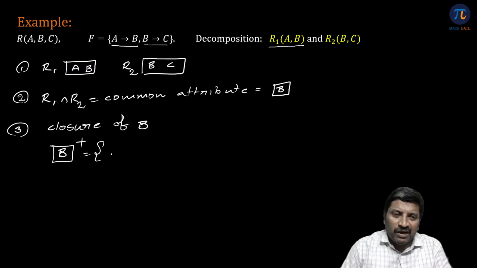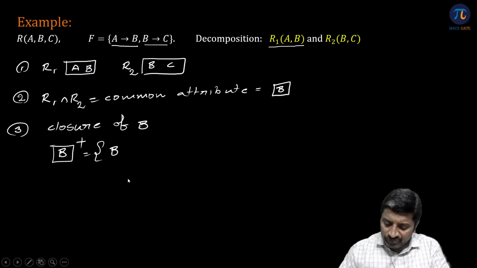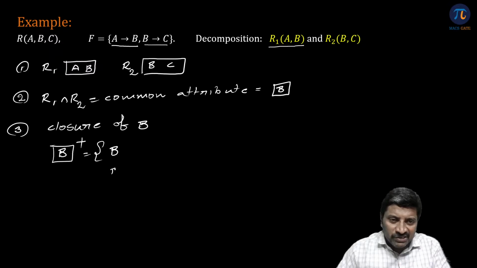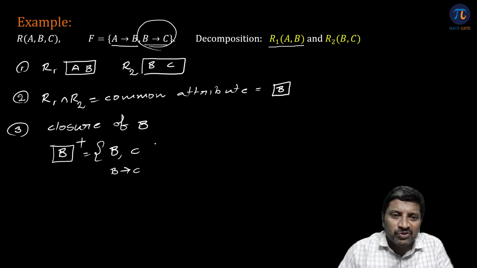With B, I can get B. That is trivial. We have a functional dependency, B goes to C. That is what they given here. So with the help of B, I can get C. Anything else possible, sir? No. Anyway, we got all the attributes of R. What does it mean?